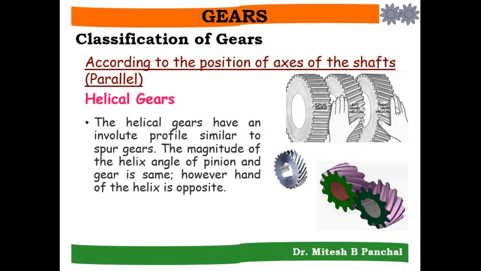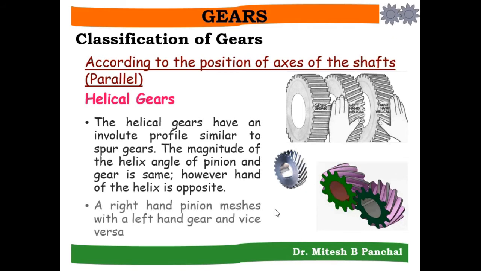And when the right hand is considered and the thumb points towards the direction of the gear tooth profile on the helical gear, then that type of helical gear is known as the right hand helical gear. A right hand pinion matches with a left hand gear or vice versa.